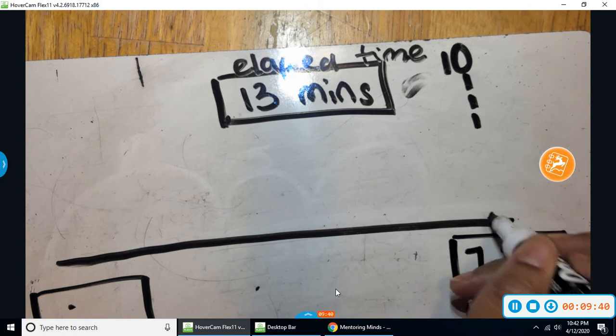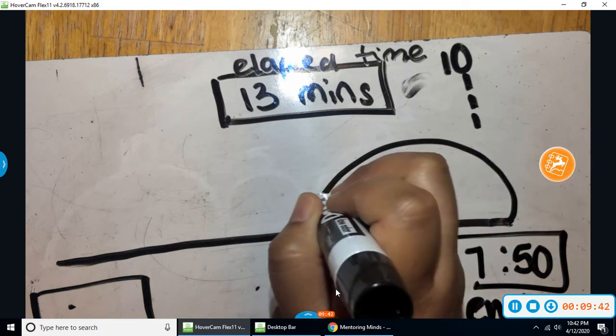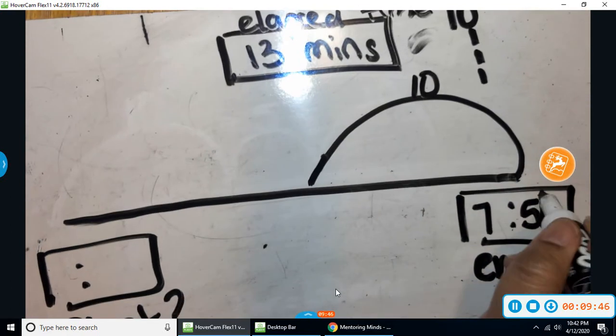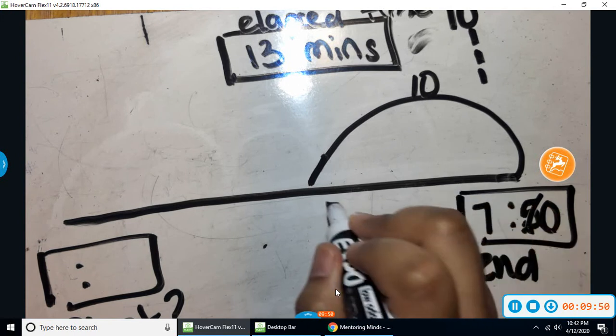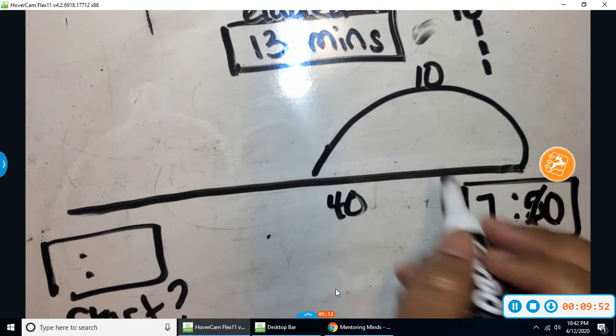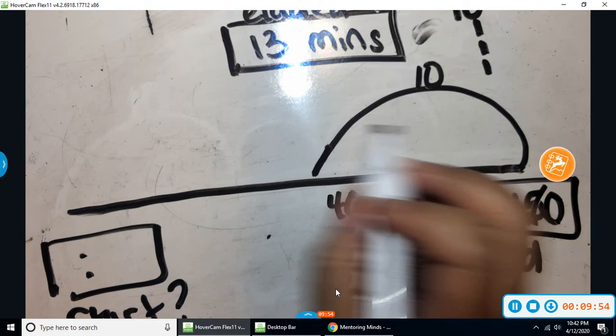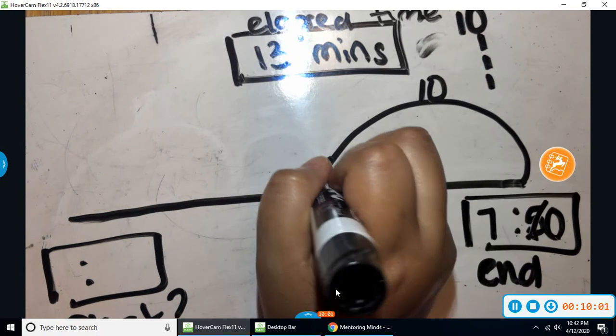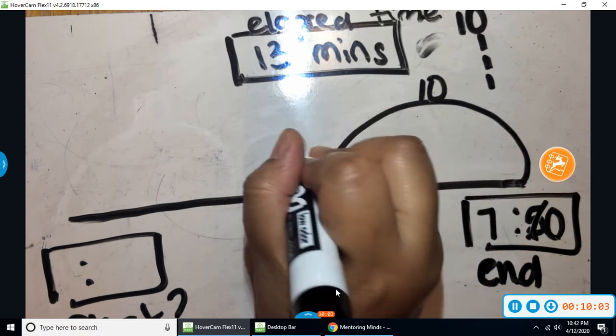I'm going to do the easiest one first, which is 10. So take a 10 away from 50. 50 minus 10 is 40. And the hour has not changed, so the time is 7:40. Then we're going to do 1 minute.